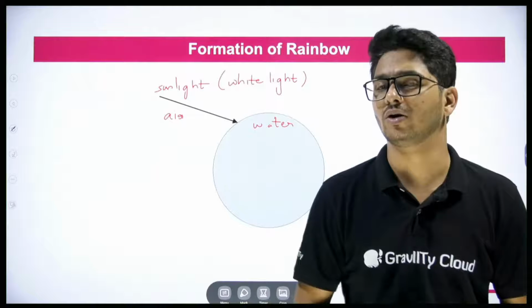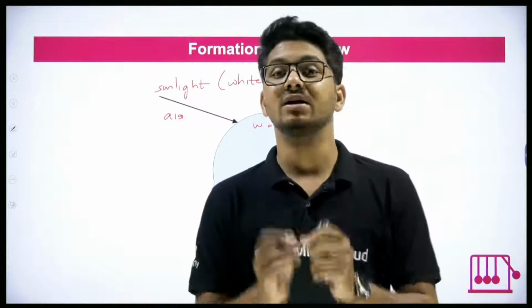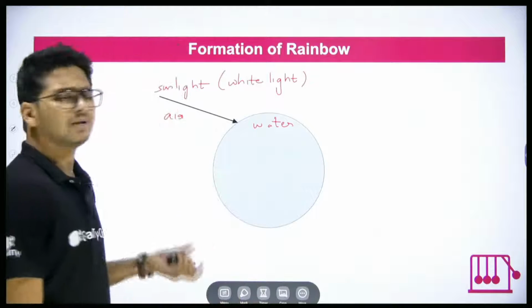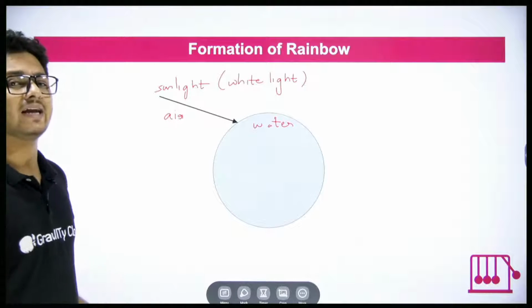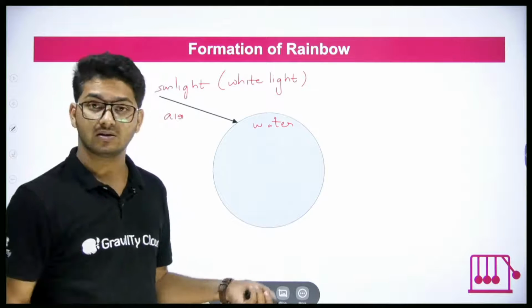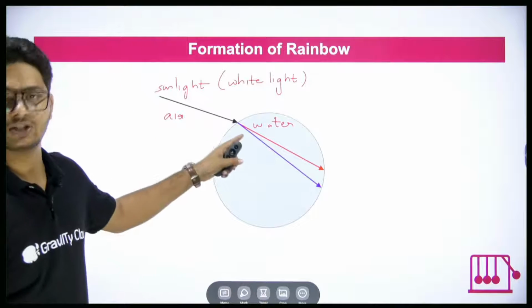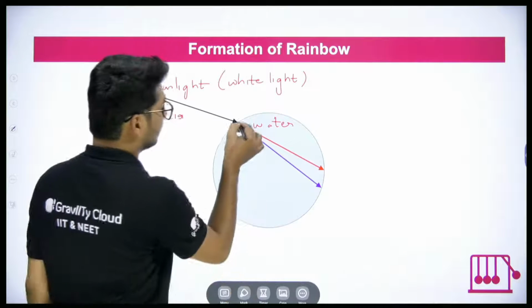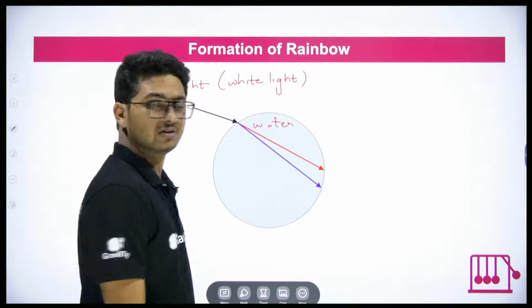Obviously refraction is going to take place, but at the same time dispersion also will take place. Because this acts like a prism, it's a different medium, and the speeds of different colors in water are different. That is the reason why dispersion occurs as well as refraction. Both phenomena occur.